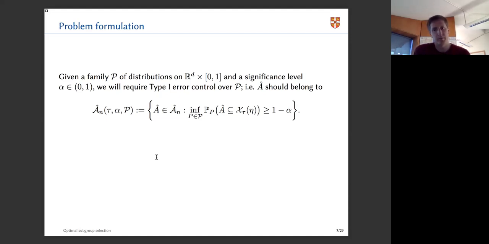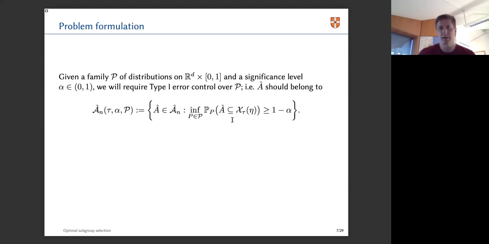And the data-dependent selection sets that satisfy my type 1 error control requirements are the ones for which uniformly over the class of distributions curly P, the probability that my data-dependent selection set is a subset of the tau superlevel set of eta should be at least 1 minus alpha.